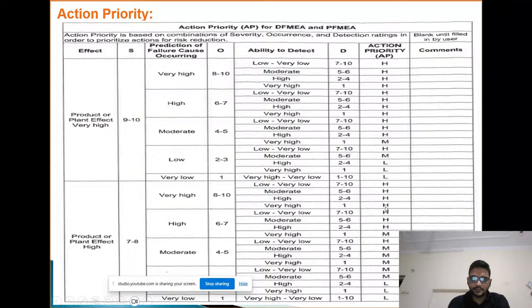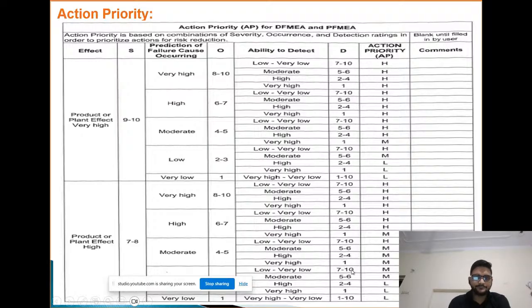In case of severity 7 to 8 and occurrence 6 to 7, detection 2 to 10 is high, but detection 1 is medium. Now severity 7 to 8 and occurrence is 4 to 5: detection 7 to 10 is high, 5 to 6 is medium, 2 to 4 is medium, 1 is also medium.